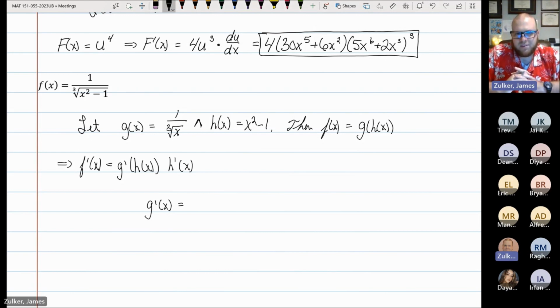Now g prime of x. Well, another way of writing 1 over cube root of x is x to the minus third.